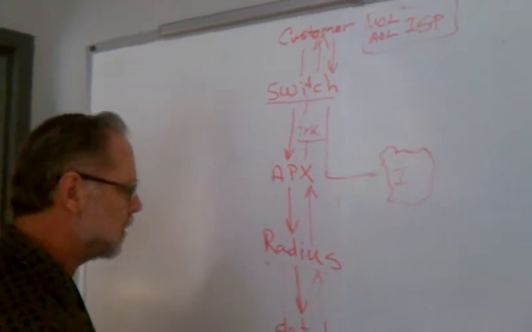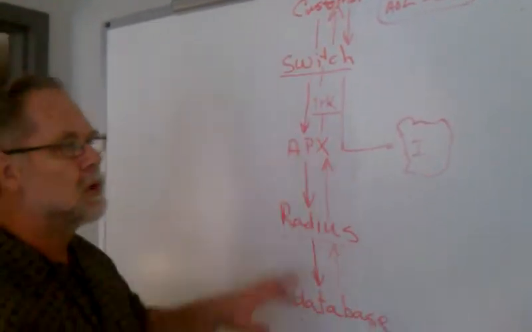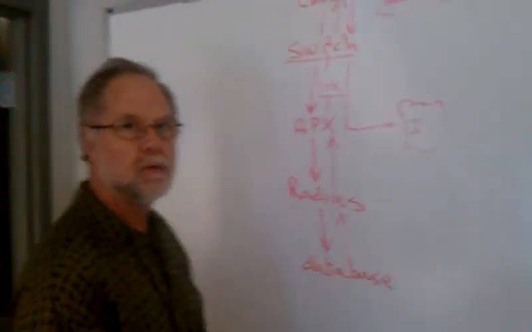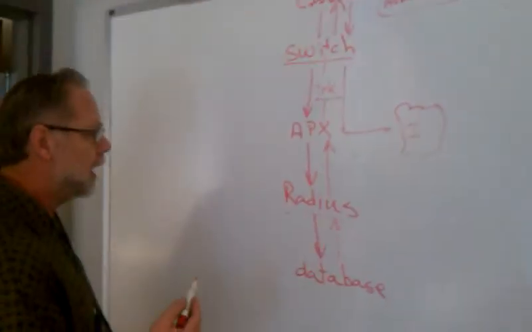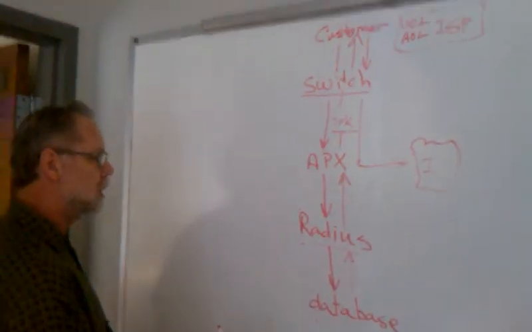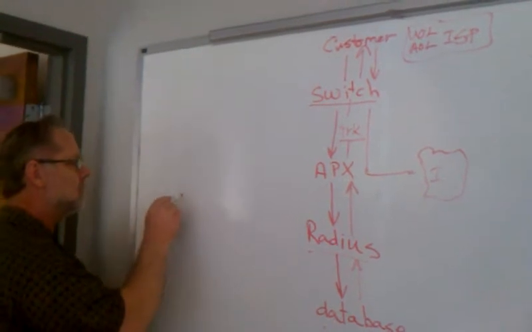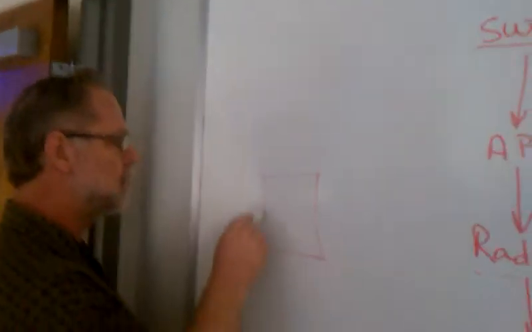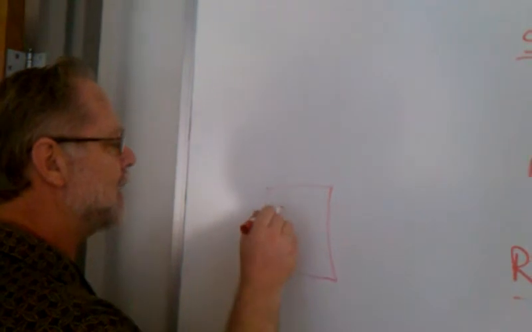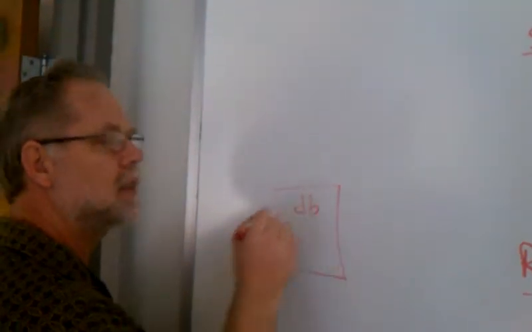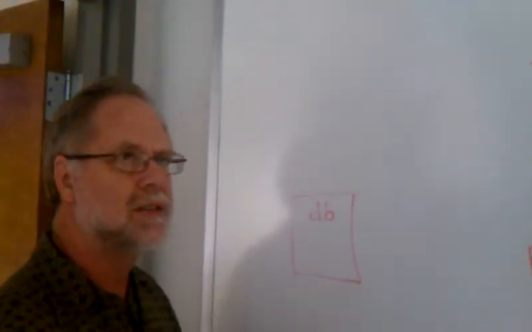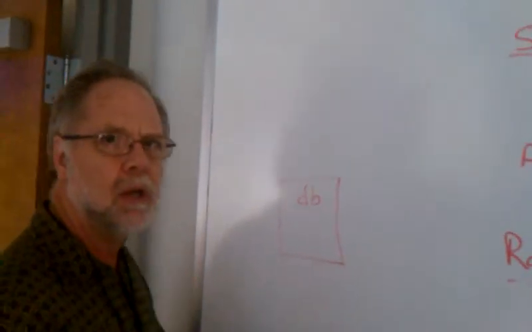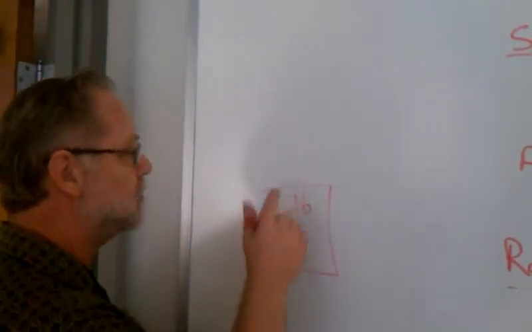Now this is just the normal call for somebody that's already provisioned. To provision a customer, over in the corporate side of the house we've got a database. I think it's a Sybase, but I'm not sure. But it's just a database.